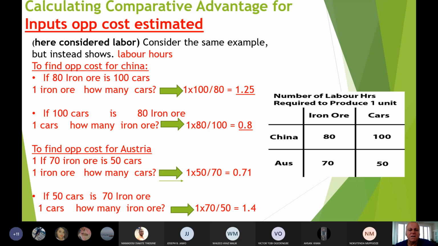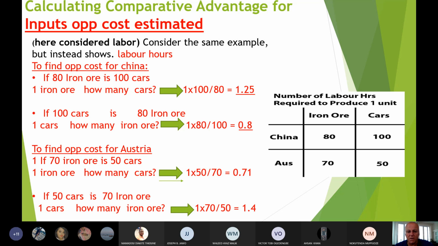Here, considering labor, as I said to you, this is the input. And when we are considering this, for the same example, we are putting in labor hours to be able to understand how it is affecting and changing the market. If 80 iron ore is 100 cars, then 1 iron ore is how many cars?